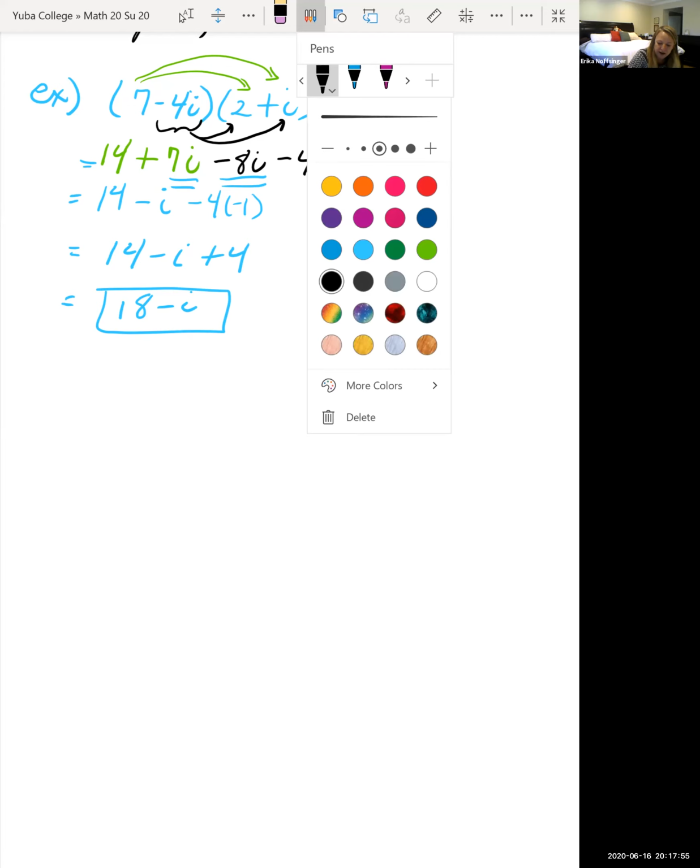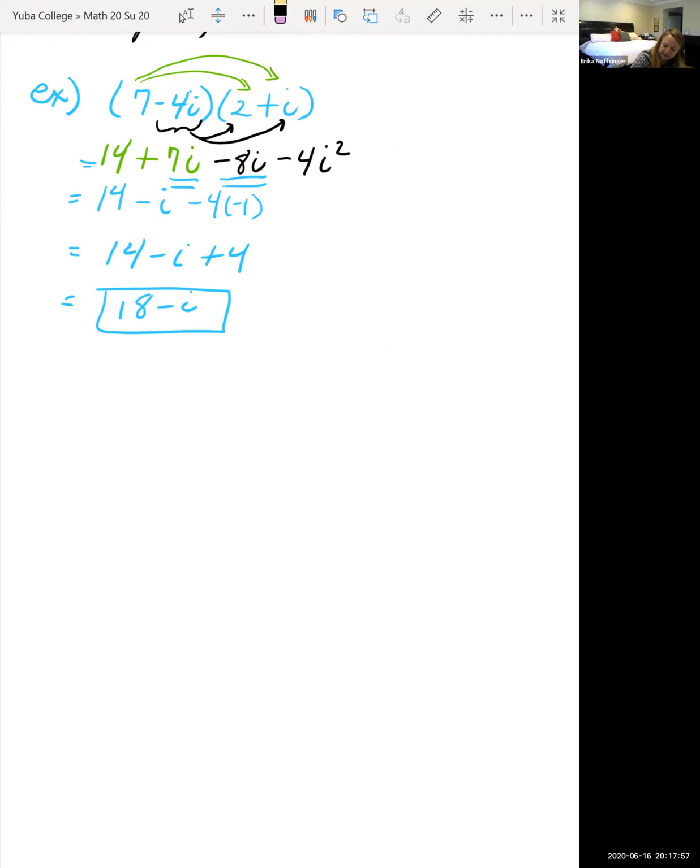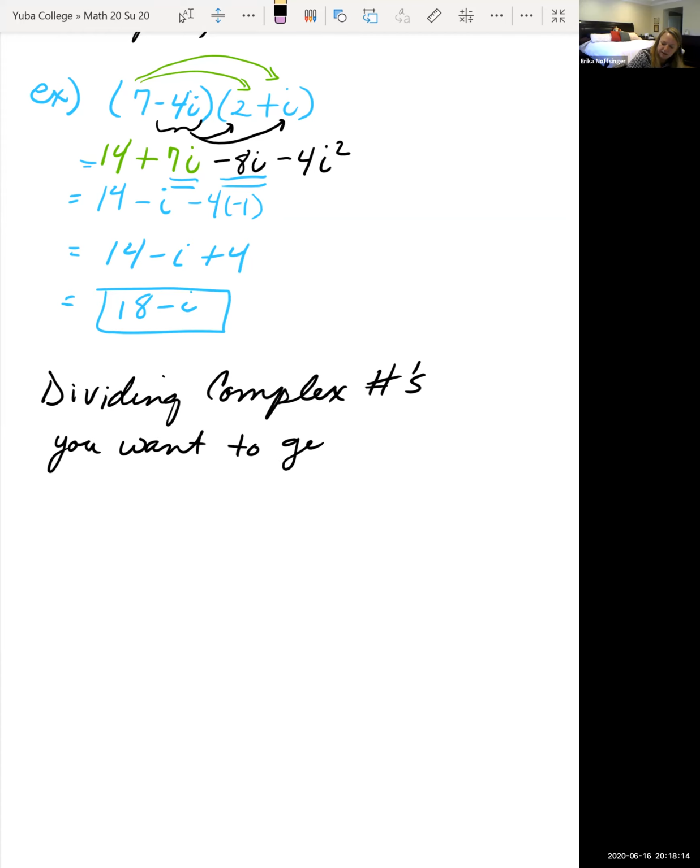Okay, so if we're going to divide, so dividing complex numbers, you want to get the imaginary part out of the denominator.